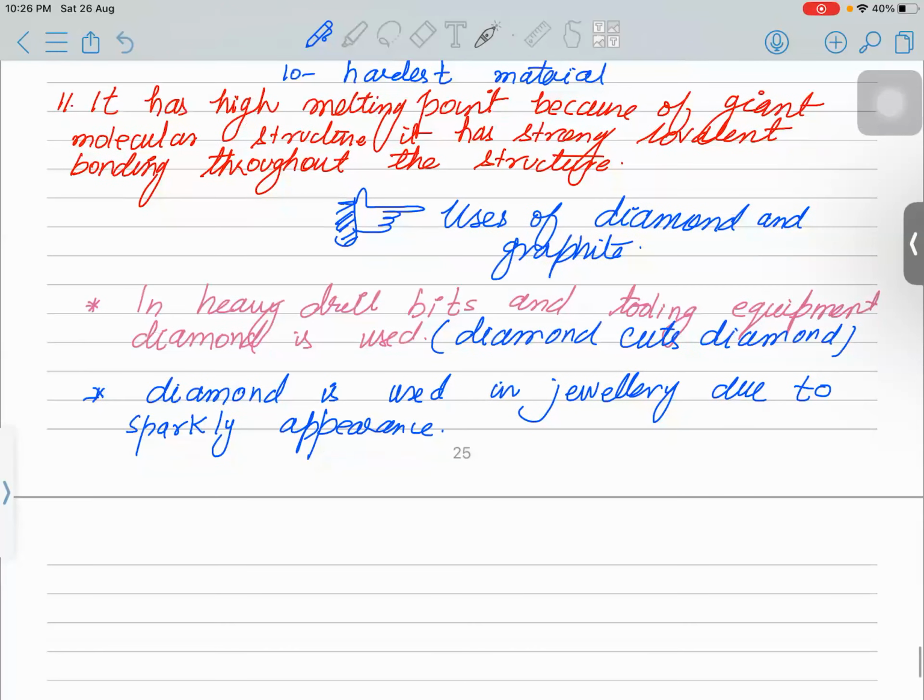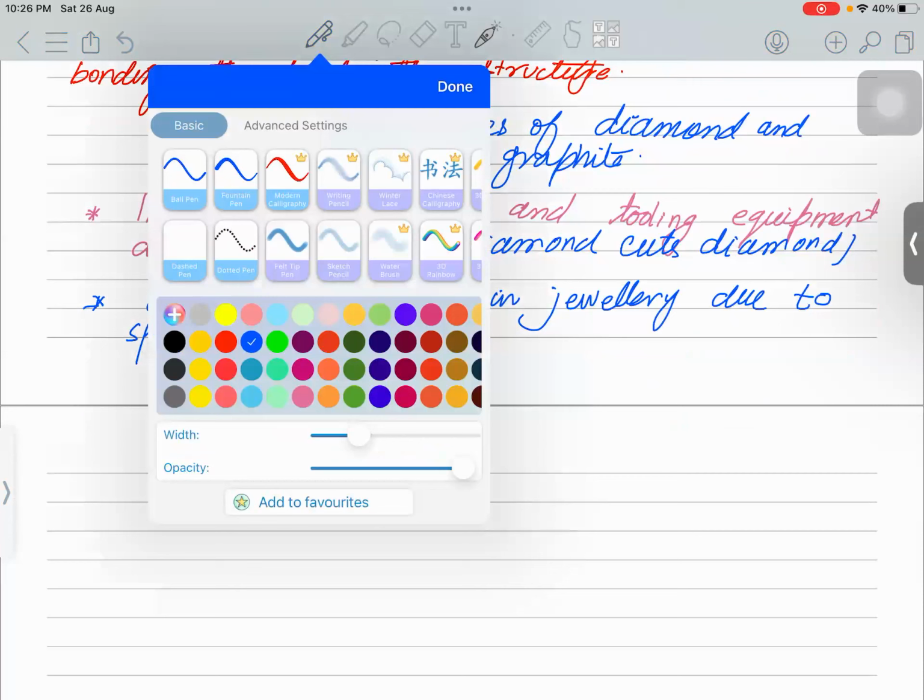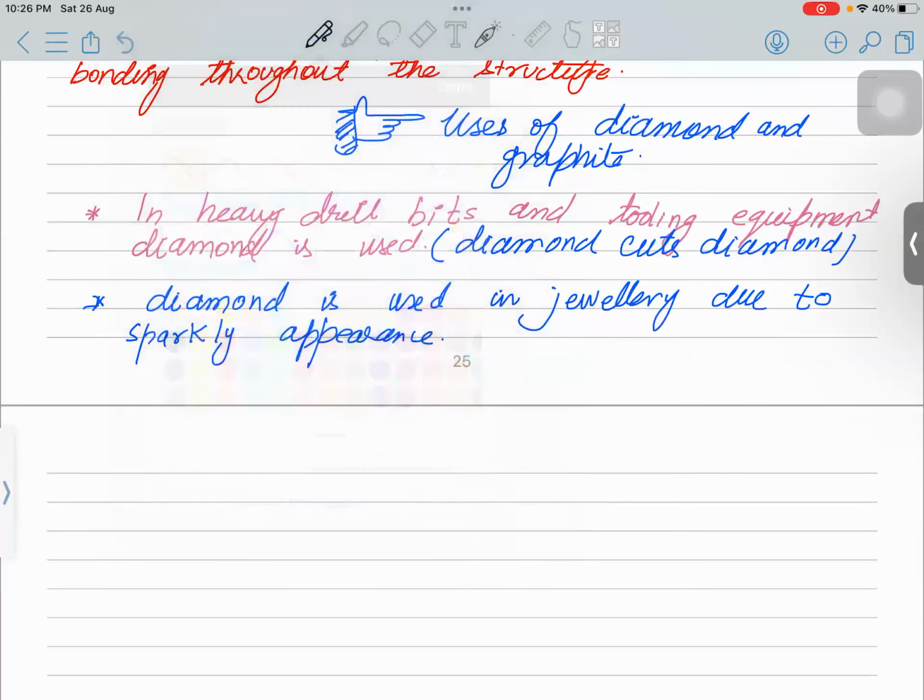Next point: graphite is used in pencils.